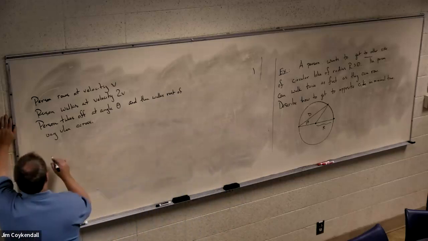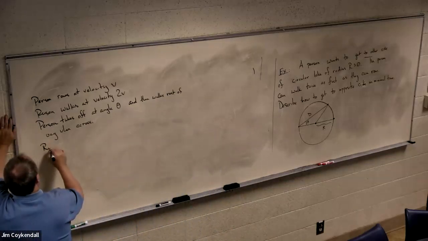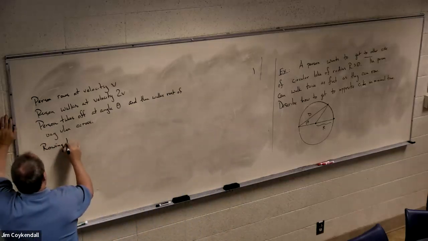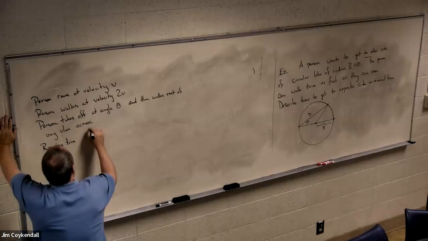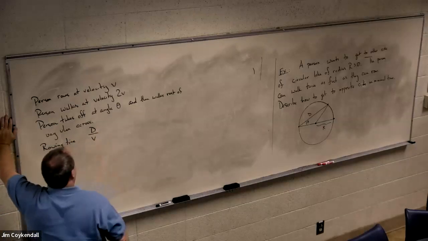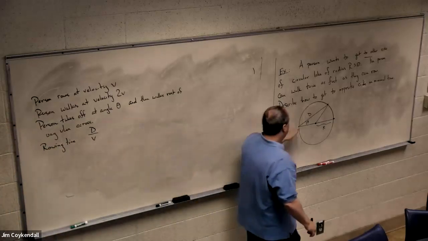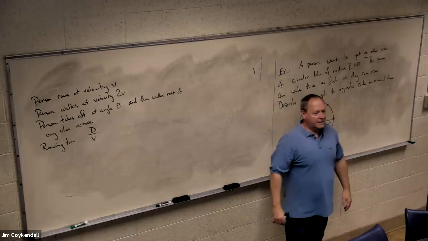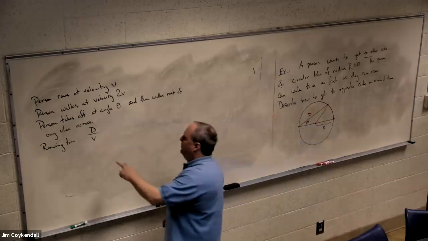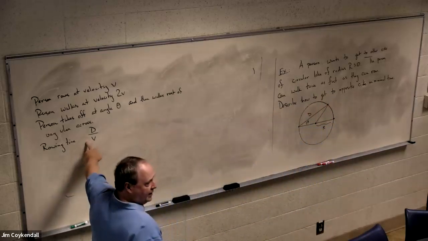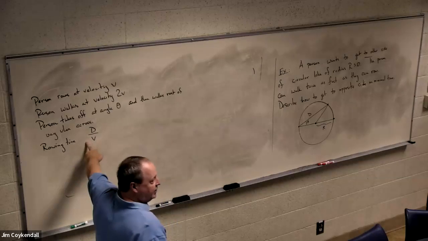Notice that rowing time is distance over velocity, right? That's how far they go, feet, how fast they row, feet per second. Do I agree with that? V is constant, D varies. Okay.